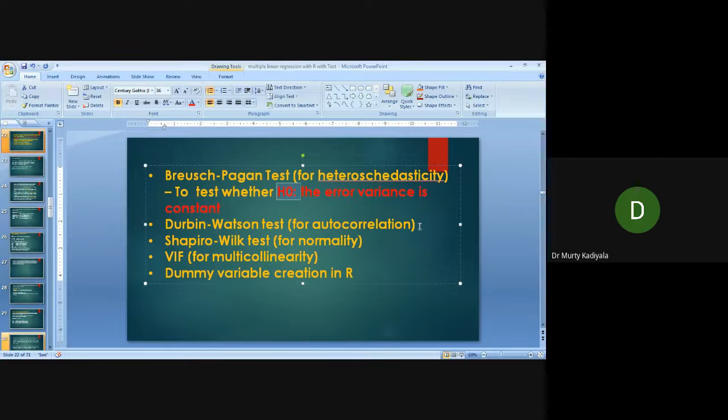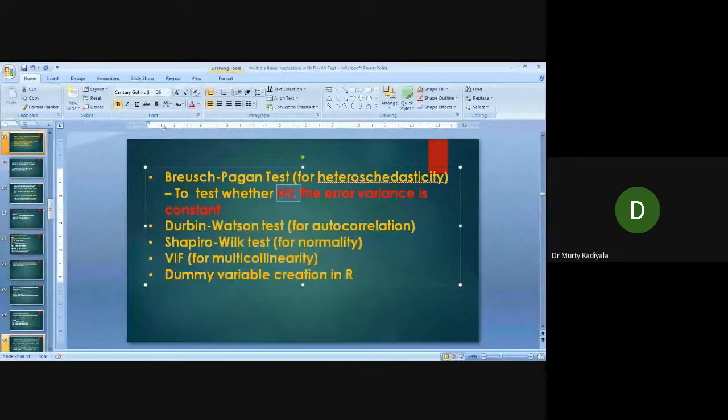Whether the error values are independent of each other. No, actually, to demonstrate this, I'll do one thing.